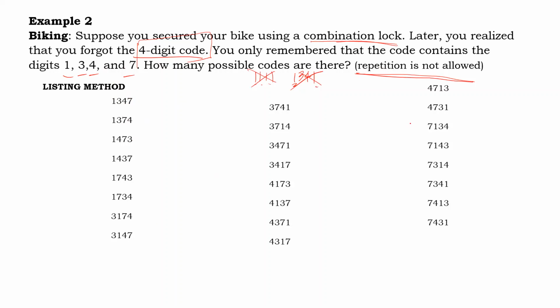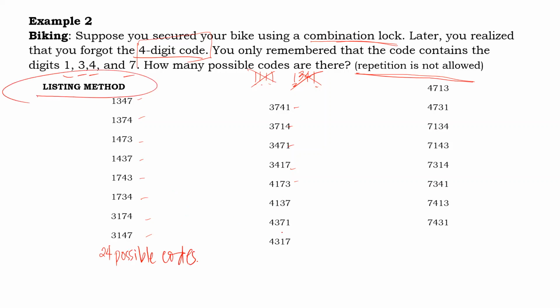These are the possible codes using 1347 with no repeated number. If you look at them one by one, none has a repeated number. You will only see one 1, one 3, one 4, one 7 in each code. So if you count the number of codes, we have here 24 possible codes. This is using the listing method.